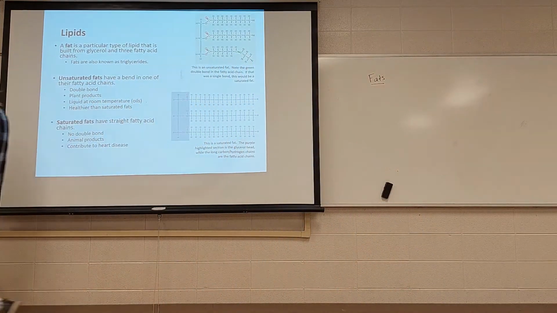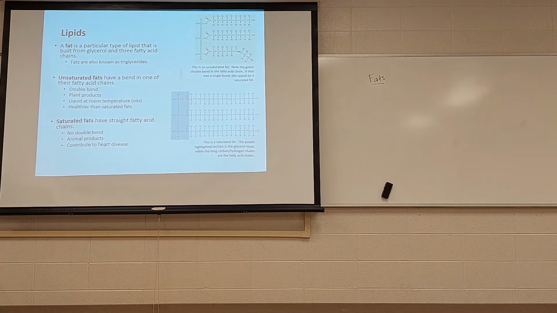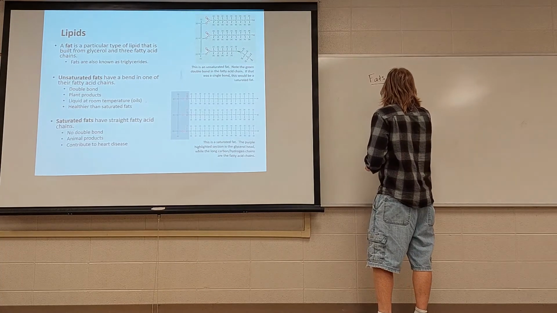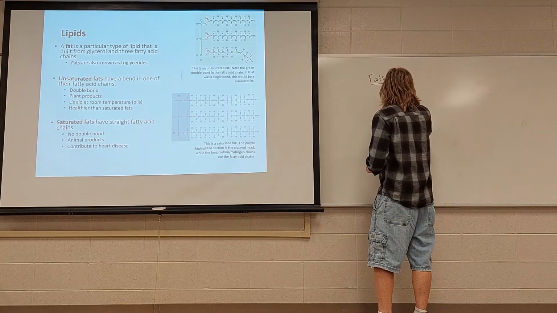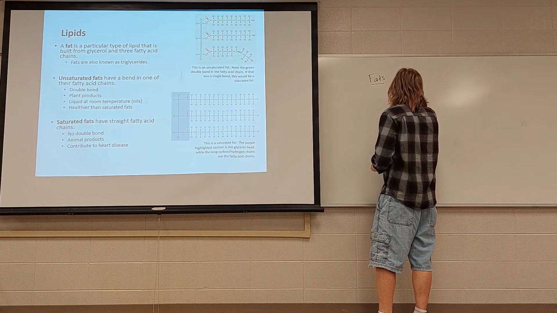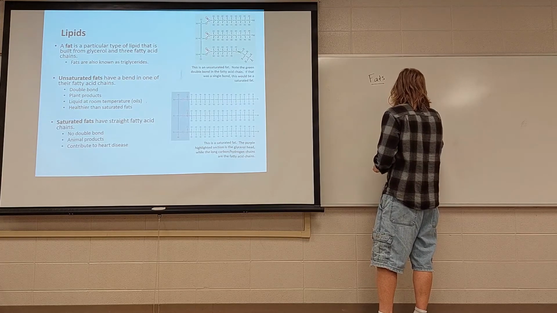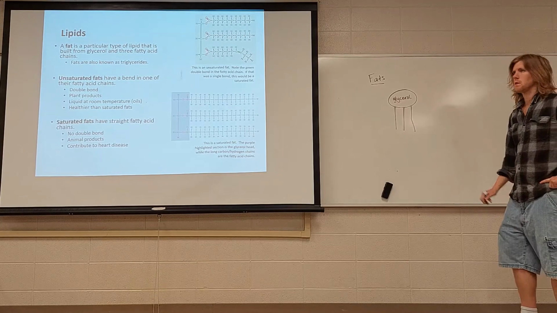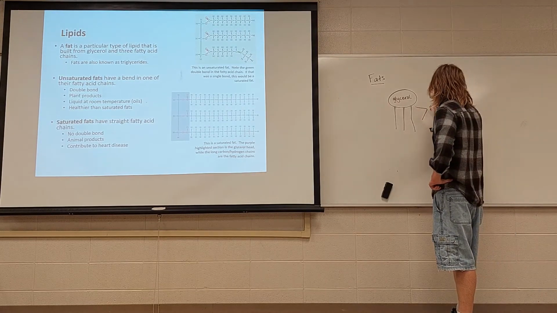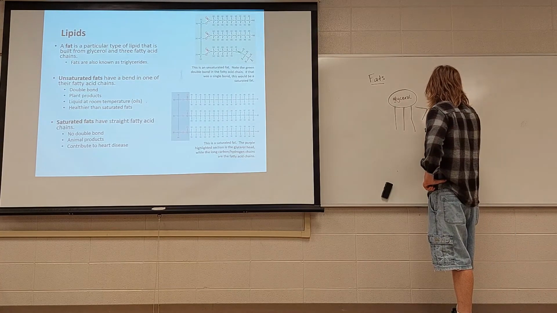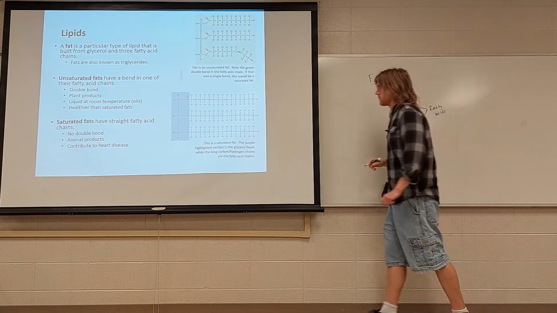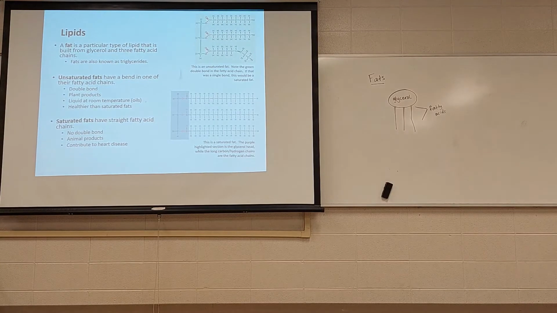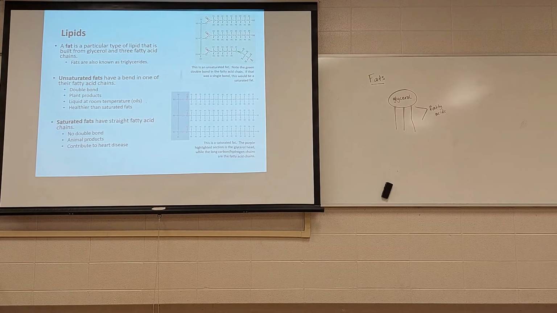The general construction of a fat molecule is that you've got the head, which is made of glycerol, and then you've got three tails called fatty acid tails. Another name for fats is triglycerides, tri coming from the three fatty acid tails.